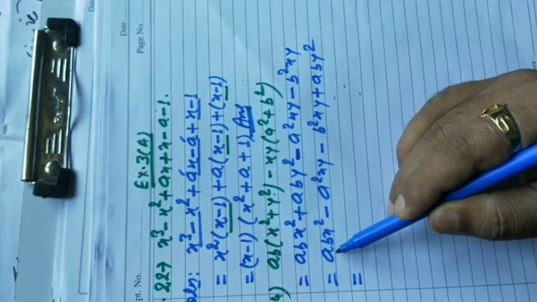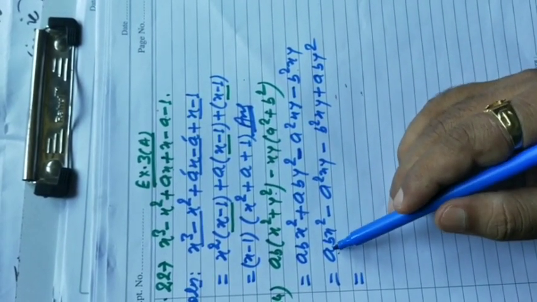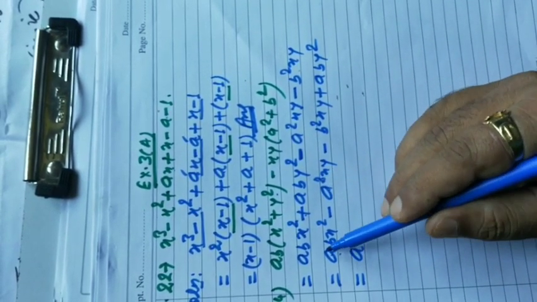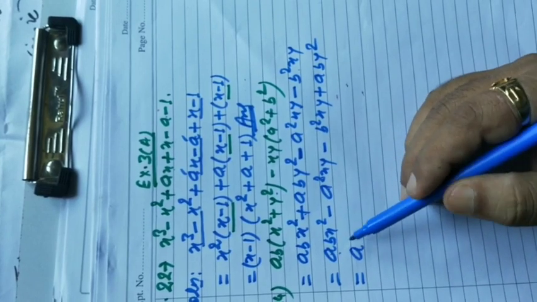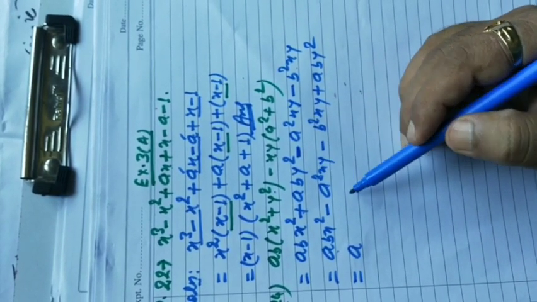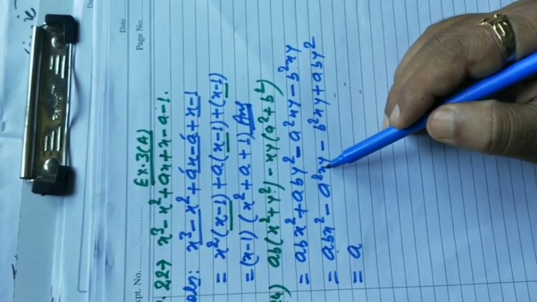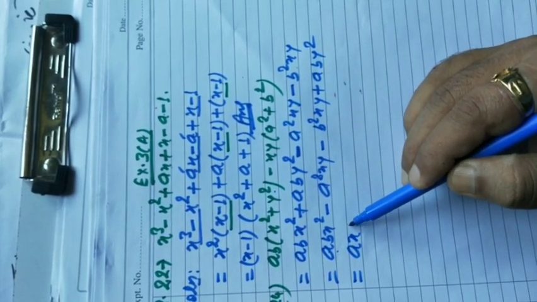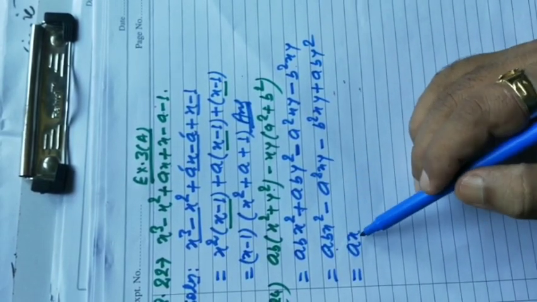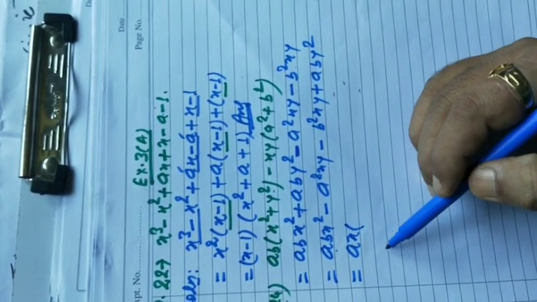Now in these two terms a is here and a square is here, so a will be common, the lowest power of a will be common, and x square is in the first term and x is in the second term, so x power 1 will be common, that is x will be common. Now we have taken ax common in these two terms, then we have to put the bracket.